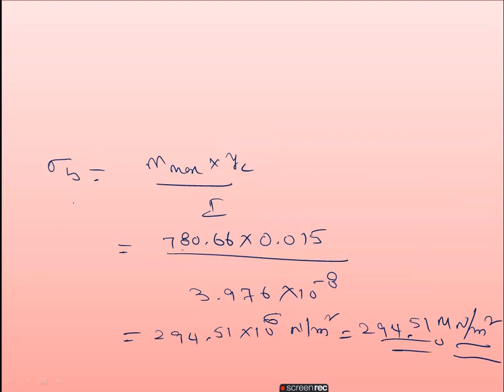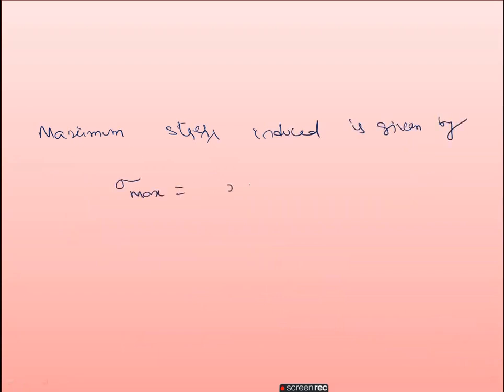Now that we have calculated sigma B, we know already sigma naught, the direct stress due to the axial thrust, and sigma B is the maximum bending stress. Now we will calculate the maximum stress induced, which is given by sigma max equal to sigma naught plus sigma B. Sigma naught we calculated, that is 28.29, plus 294.51.